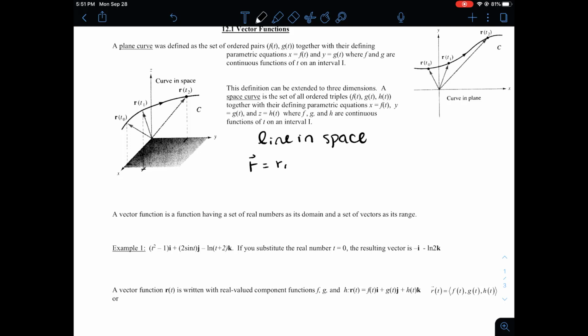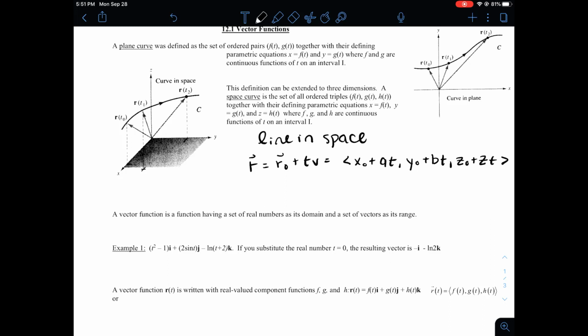So we represented it as r naught plus tv. And we separated that out into x, y, and z components: x naught plus at, y naught plus bt, and z naught plus ct. So that was our first ever vector function.